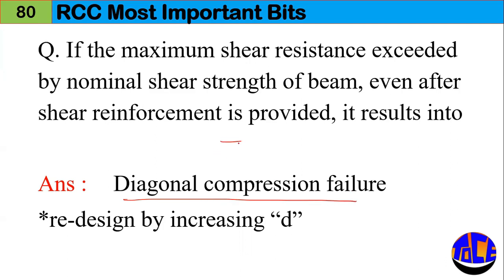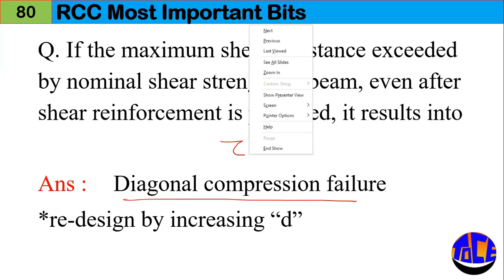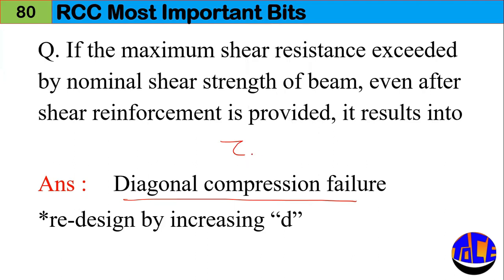That means if tau v exceeds tau c max, the maximum shear resistance, then it results in a diagonal compression failure. In this case you have to redesign the beam by increasing the effective depth, or by increasing the dimensions of the beam. You have to redesign it for shear.